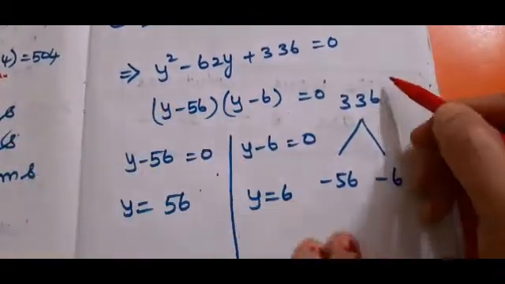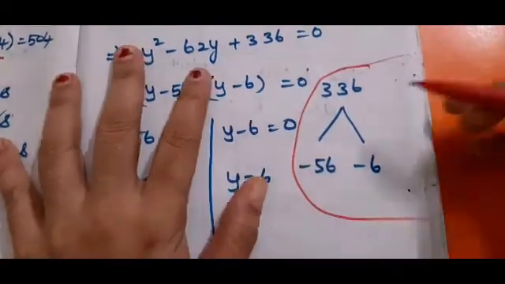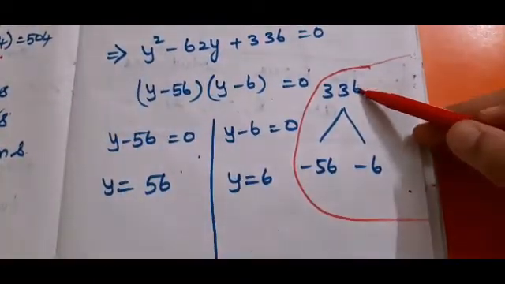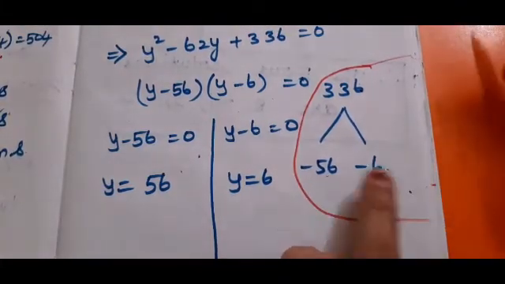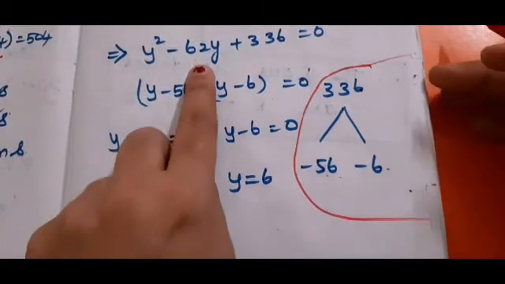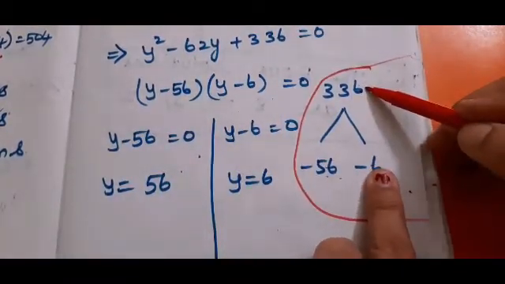So like that we have to factorize. Now 336 can be factorized as −56 and −6. If you add these two numbers, you will get −62. If you multiply these two numbers, you will get positive 336.